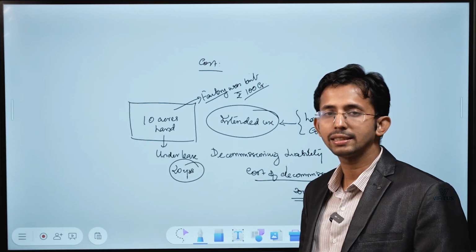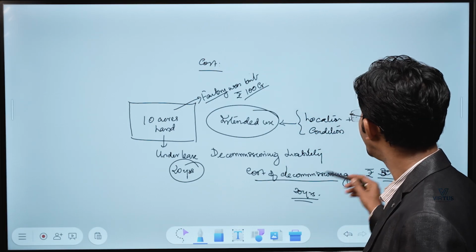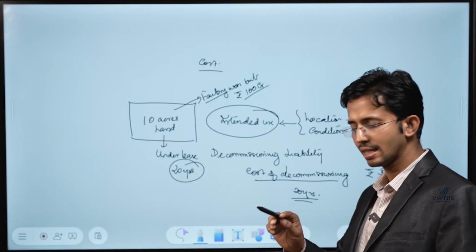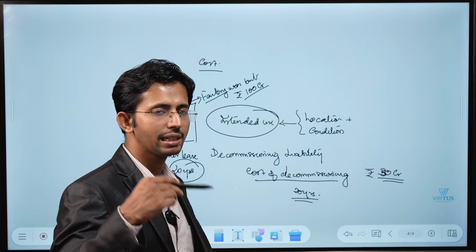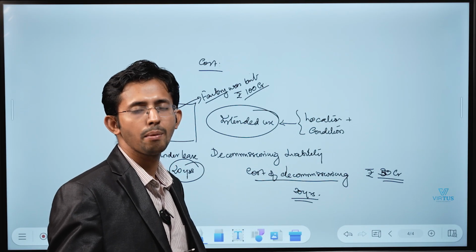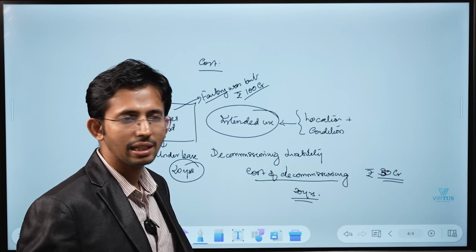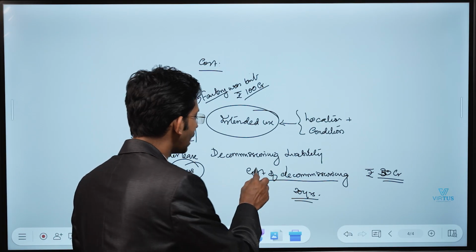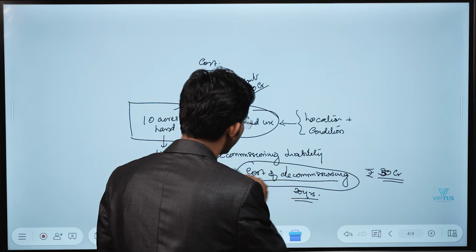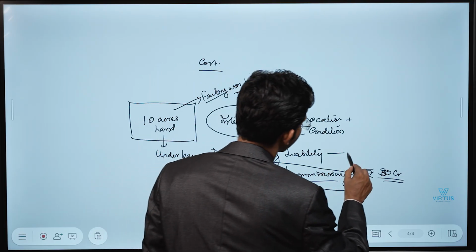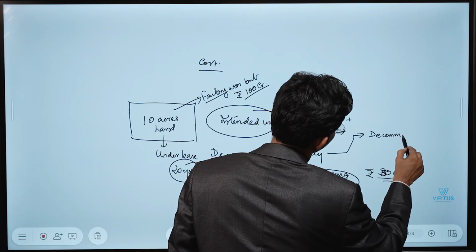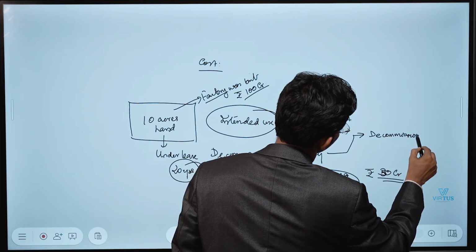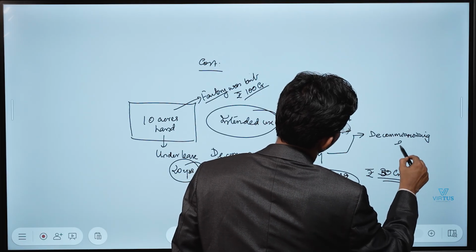So the standard says if you have any such obligation, and that obligation is a present obligation which will result in outflow of economic benefits in future, then that has to be determined, and it has to be accounted as a decommissioning liability.